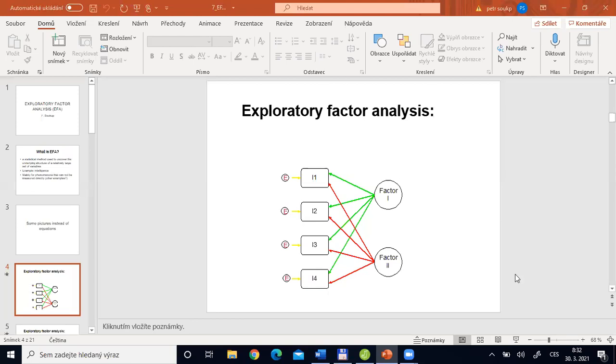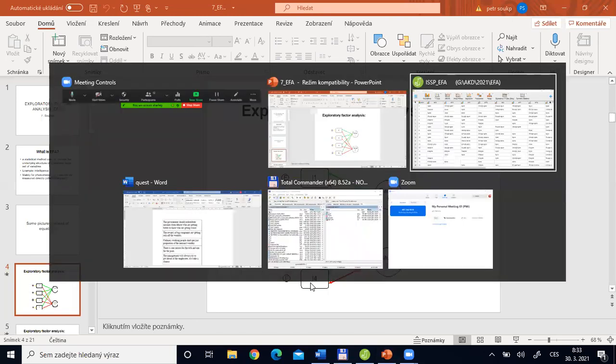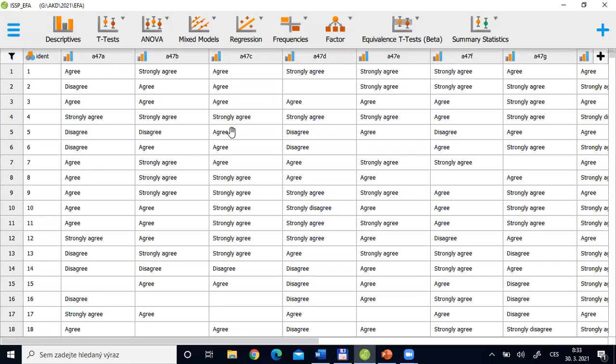So I will once again go through the pictures. Sorry for that. Once again, I would repeat it, of course. These shapes, squares or rectangles, include manifest variables, so variables that are present in my data matrix, that are real columns.